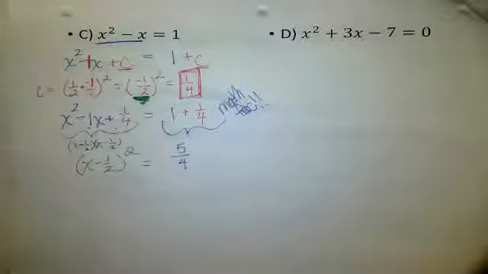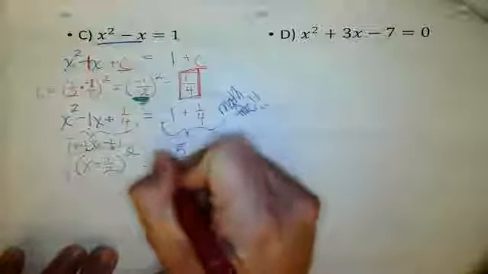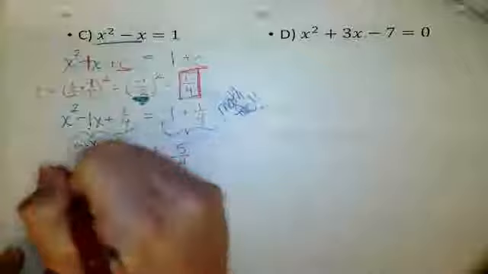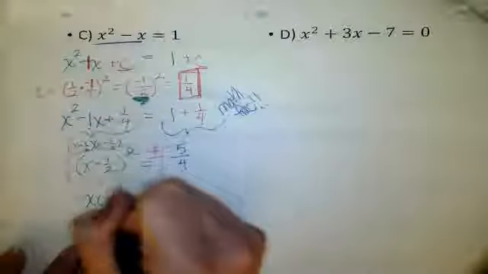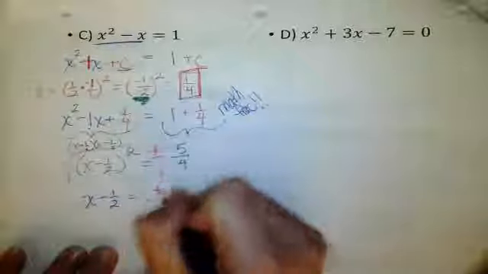All right. And then how do we solve for x? Square root. Get rid of the power. We're going to do a square root. The square root and the square cancel out, leaving x minus 1/2 equals plus or minus.